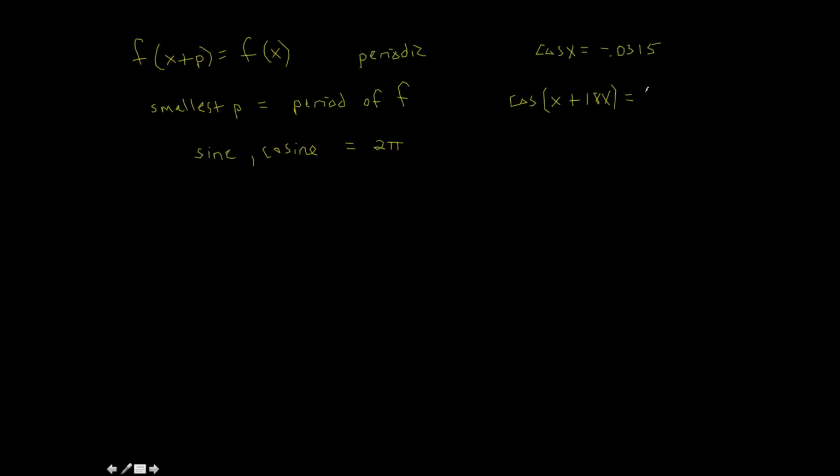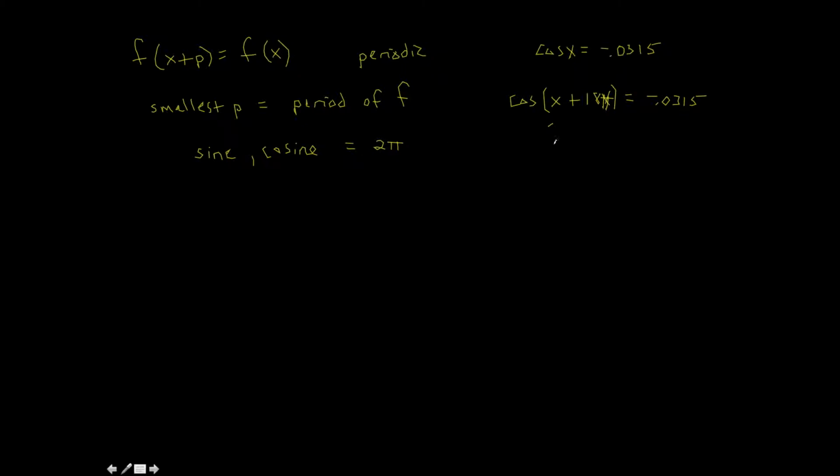That should say 18 pi, not 18x. Well, 18 pi is a multiple of 2 pi, and because of that, it's going to go back around to the same point. So it would give you the same answer. Adding 2 pi would be the same answer, and 100 pi would be the same answer.